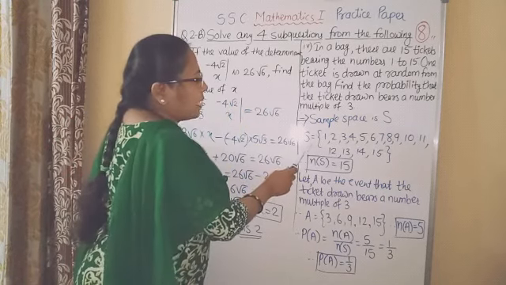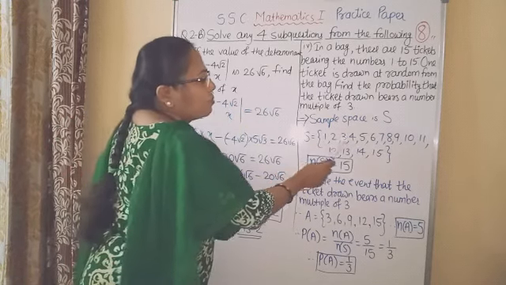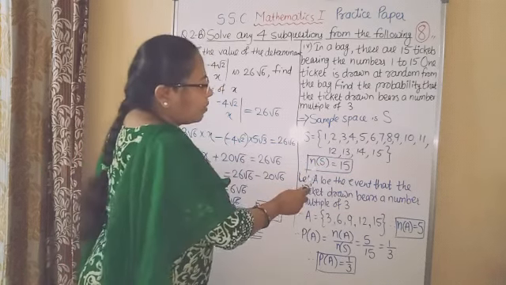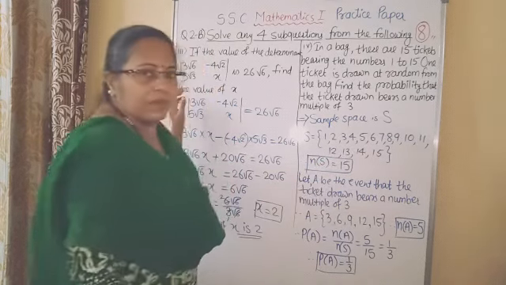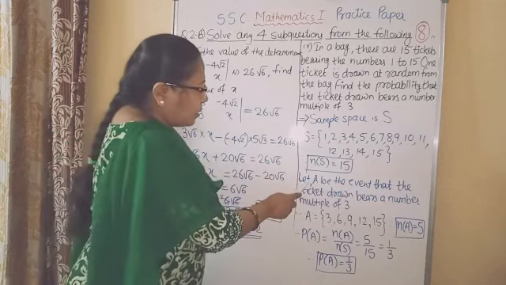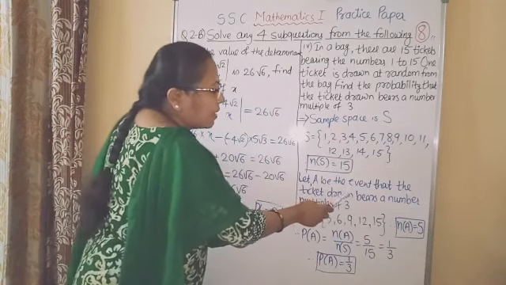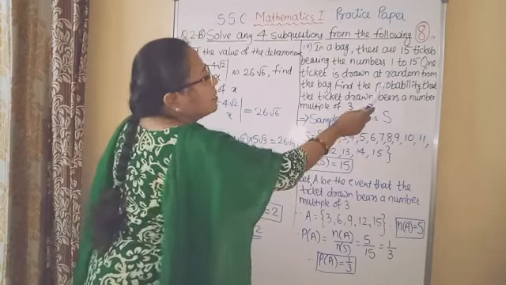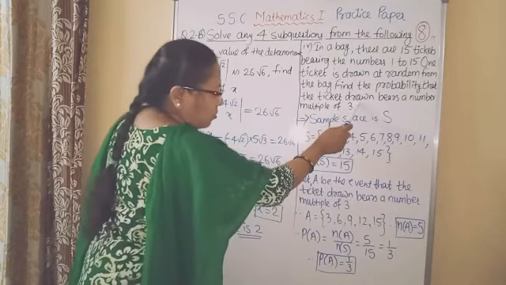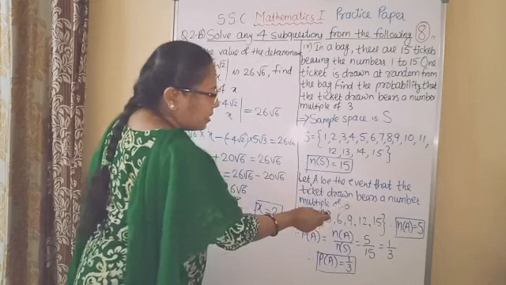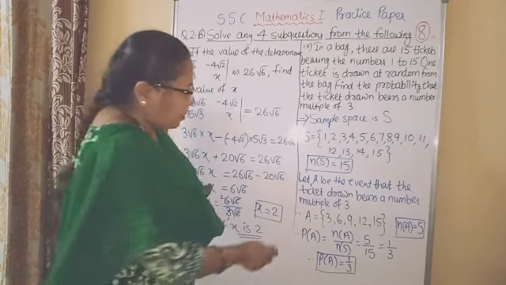So the sample space S is 1, 2, 3, 4, 5 up to 50, and therefore n of S is equal to 50.